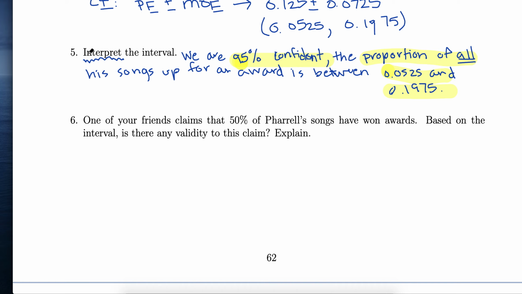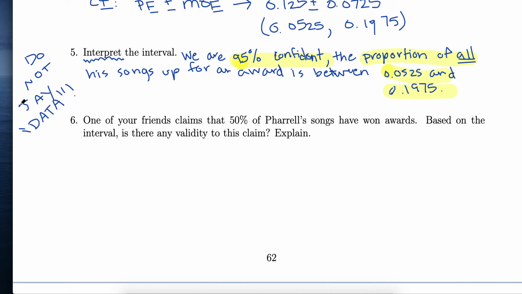I want to have you guys put a little note off to the side here. Do not use the word data in this interpretation at all, anywhere. So say, do not say data or sample.